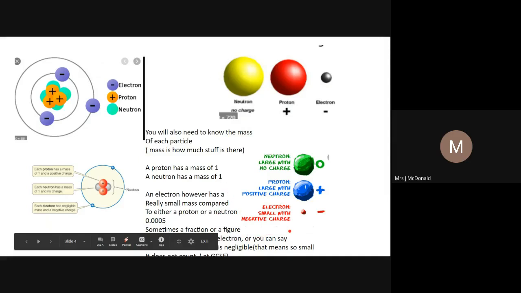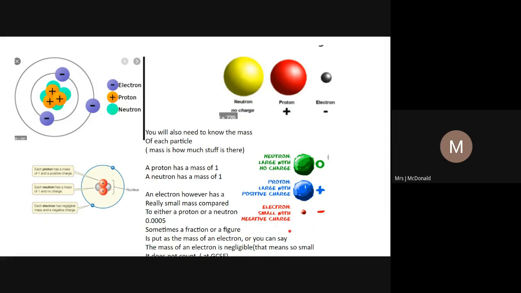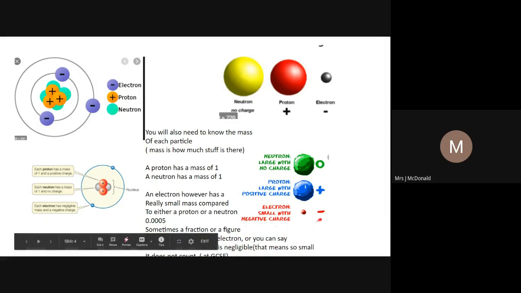So it's so small. And sometimes you'll hear it said that the mass of an electron is negligible. That means it's so small they don't even count it in the mass. So certainly at GCSE, the tiny mass of the electron tends to not be counted. Okay.